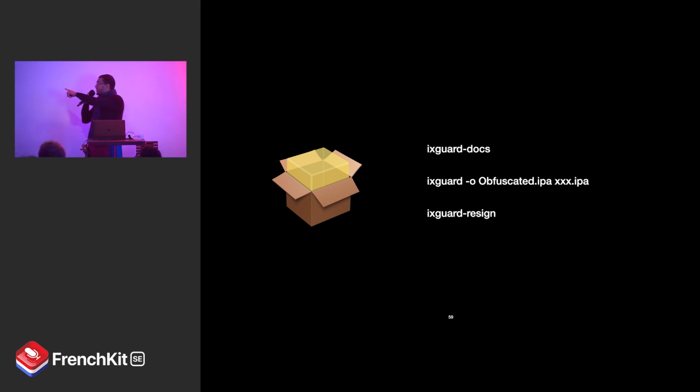The last command is really important. It allows you to resign your application with another Apple certificate. It means that if you want to test, for example, an application with different certificates like development or production, you can do it with this command line.